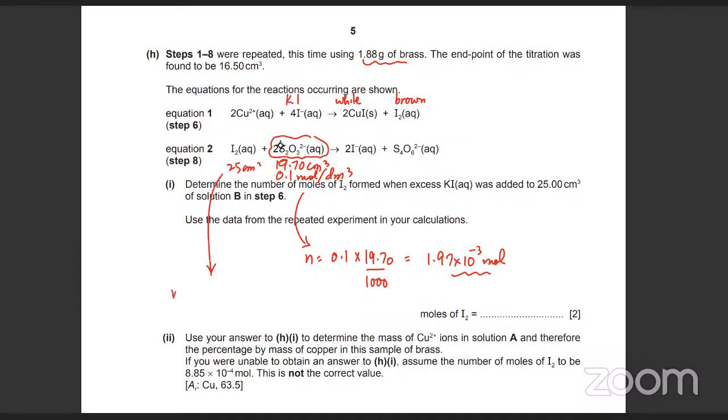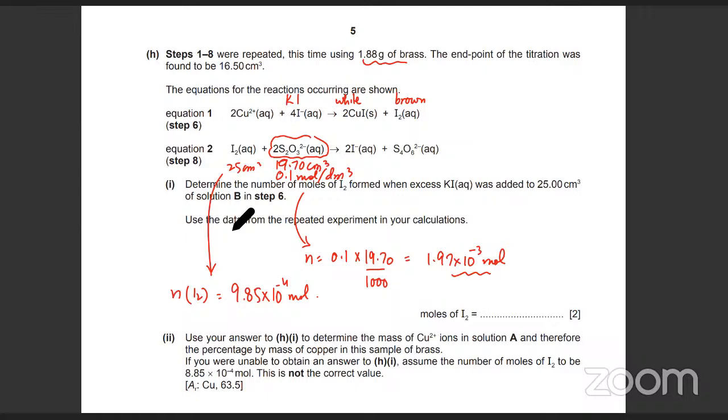So what are the moles of iodine? इसका half क्या बन रहा है? 9.85 into 10 raised to the power minus 4 moles, right? Yes. Okay, so that's your iodine moles.